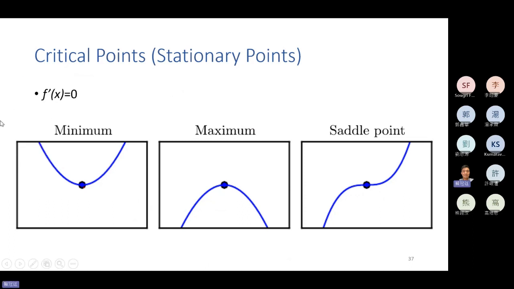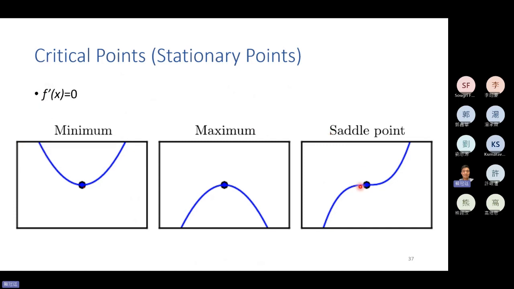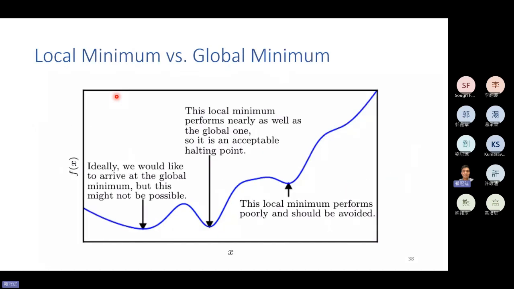And the worst case is a saddle point, which is neither minima nor maxima. It's called a saddle point. It's at the point of change. So there are three possible critical points if you find the derivative is equal to 0. Equal to 0 means the slope is 0, right? It's a horizontal line.